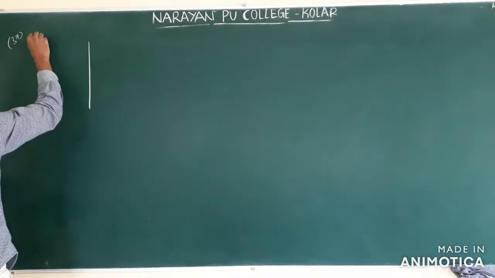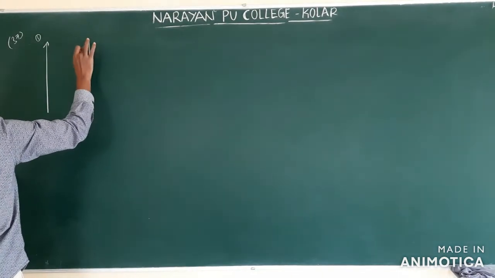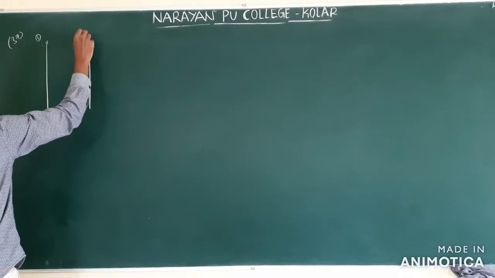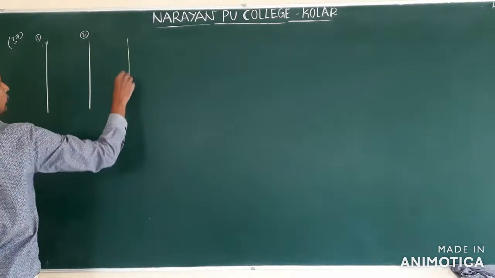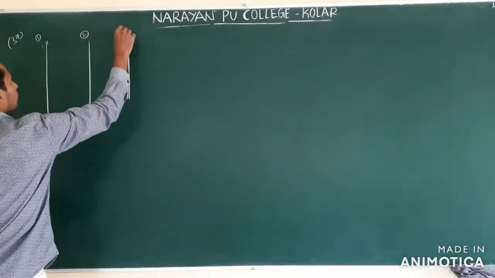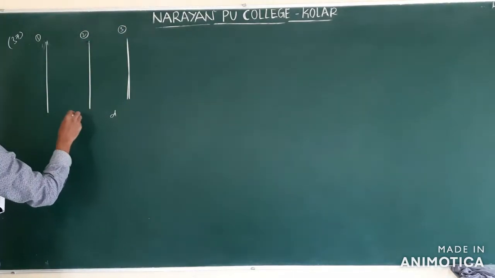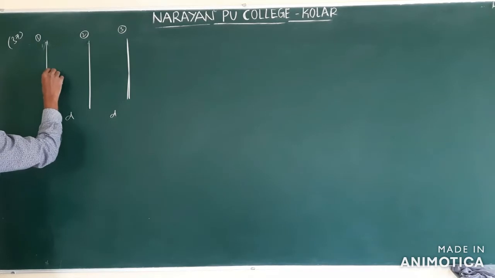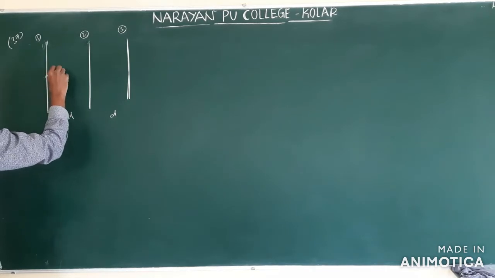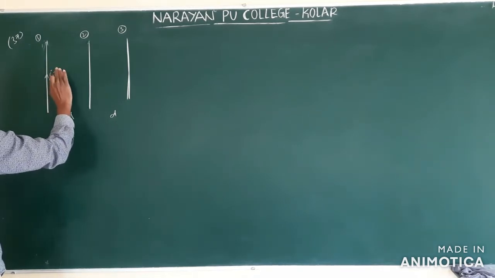This is the first conductor, second conductor, third conductor. The separation is D and D. The first carries current I1, which is equal to 2 amperes.